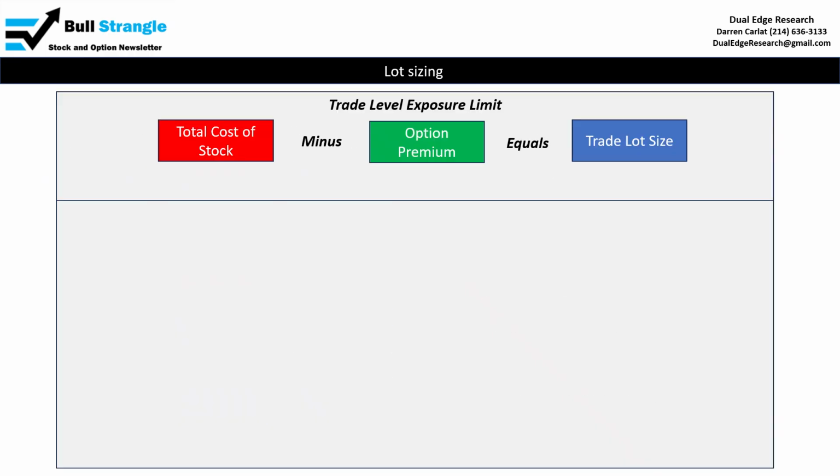Okay, let's now focus on lot sizing. We'll start this exercise by looking at the trade level exposure limit. The way I calculate this is I start with the total cost of the stock minus the option premium received, which then gets me to the trade lot size. As an example, let's say I have a $4,000 cost of stock.